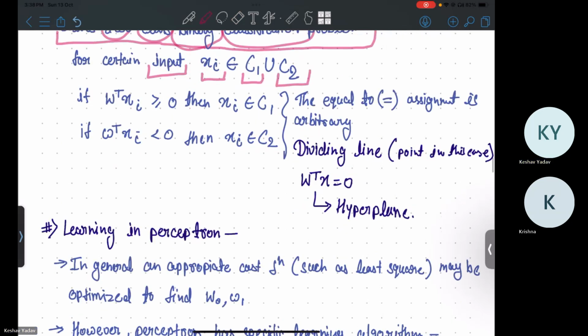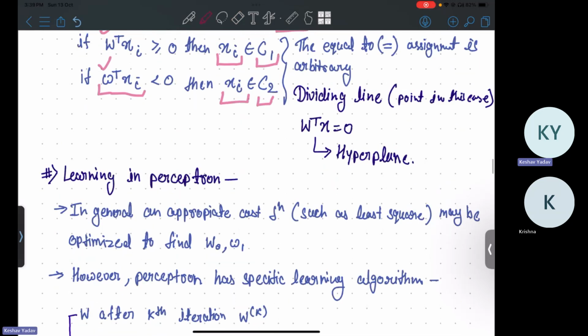If W transpose xi is greater than or equal to 0, then xi belongs to class C1. If W transpose xi is less than 0, then xi belongs to class C2. The equal-to assignment is arbitrary; it can go with either one. It won't change the solution much.